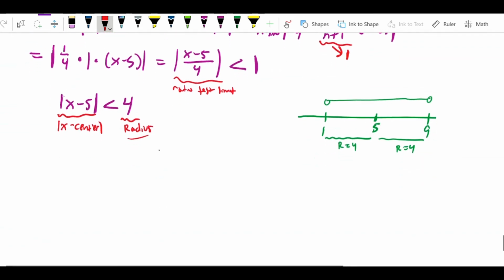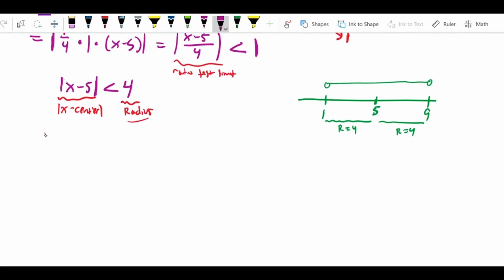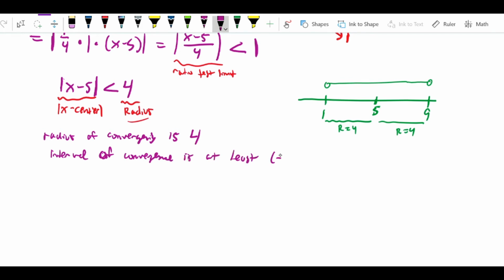So here's what we know at this point. We know that the radius of convergence is 4, and the interval of convergence is at least (1, 9).